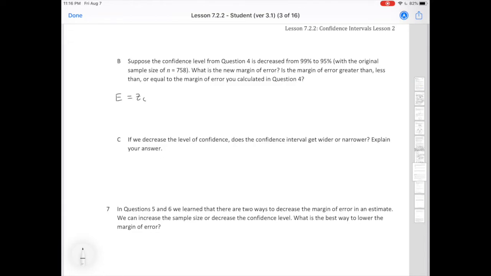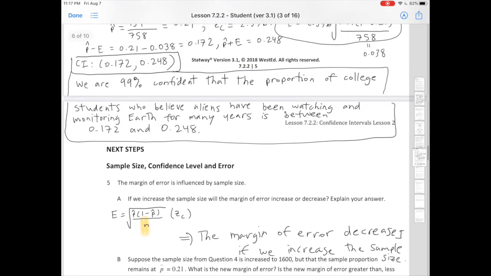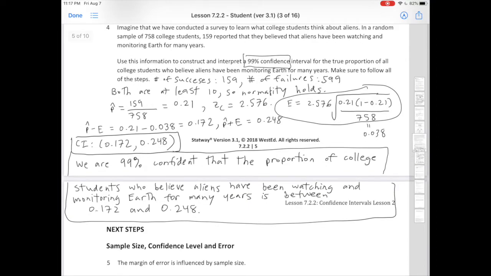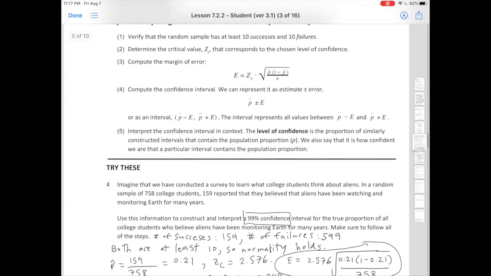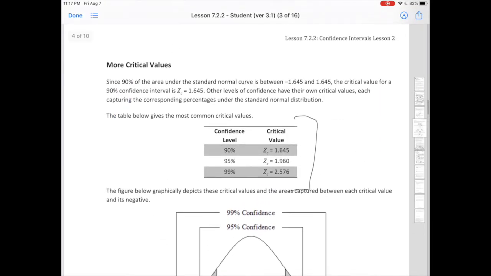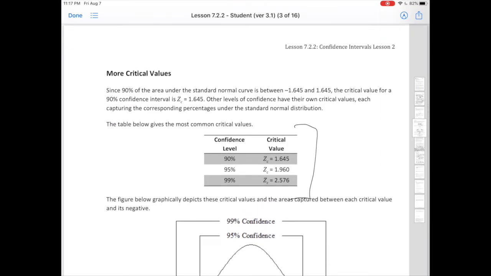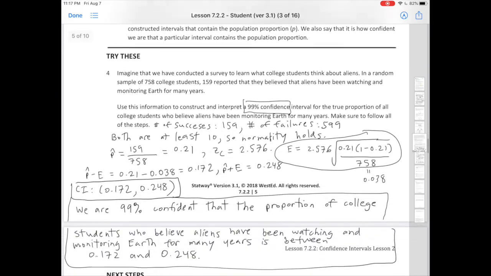So remember, the margin of error is the critical z-score times the square root of p hat (1 minus p hat) divided by n, right? So what we're going to do now is the same as before. We had this margin of error calculation, except now instead of 2.576, we're going to put the critical z-score for a 95% confidence interval, which recall is actually 1.96, right?